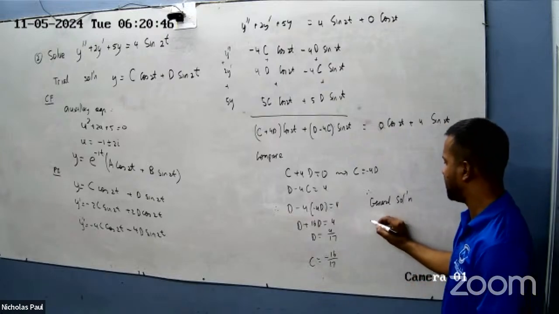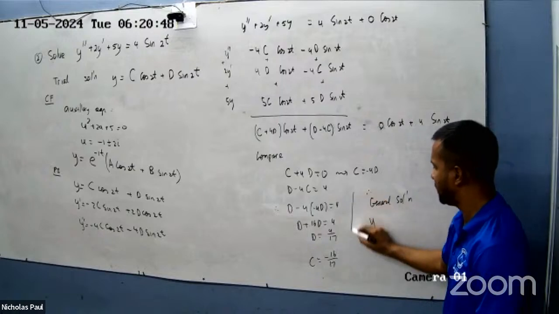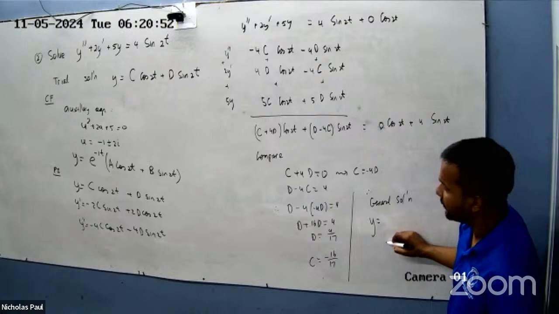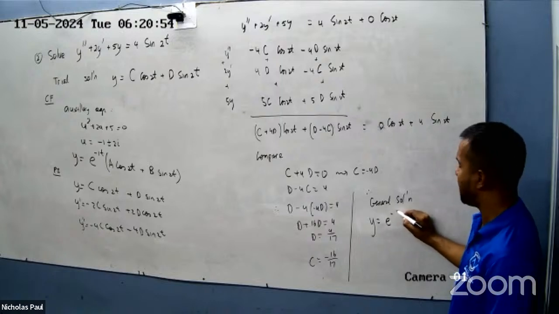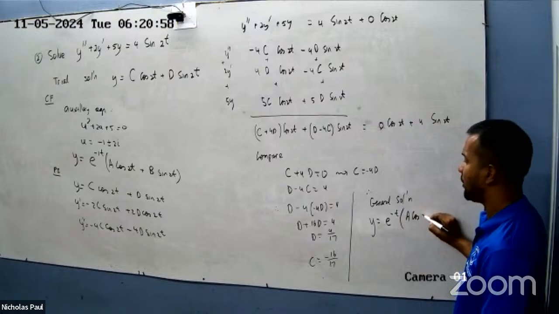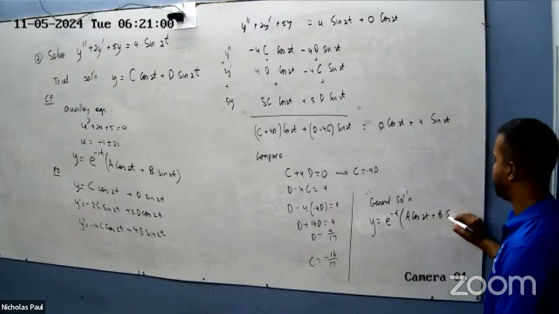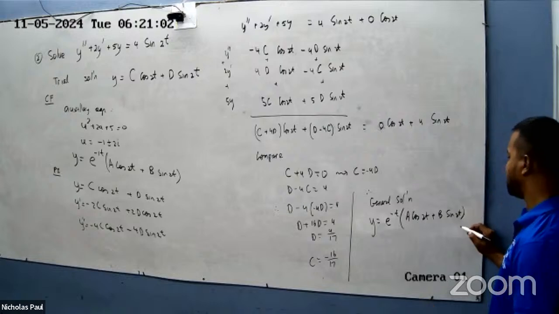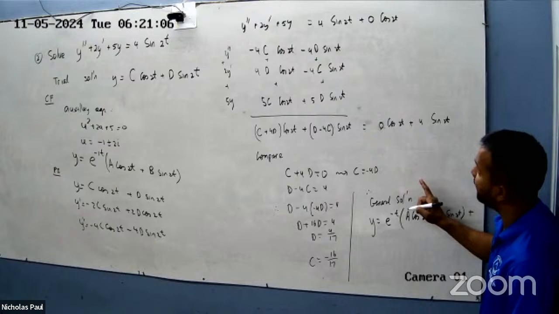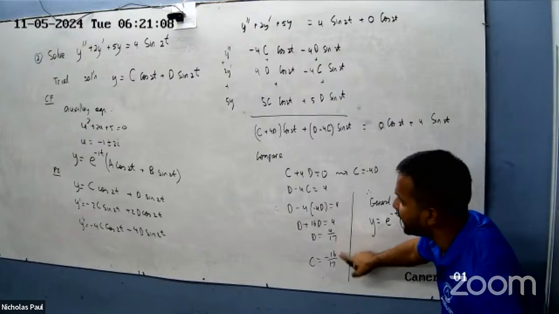So your general solution is y is equal to e to the minus t, a cos 2t plus b sine 2t, plus c and d, right?